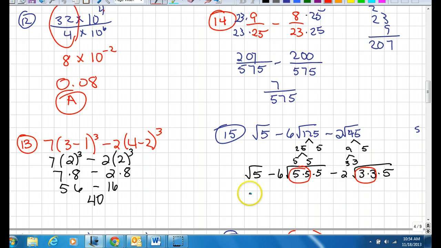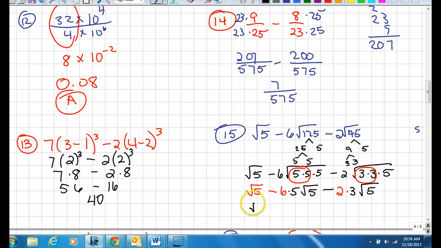Okay? So this will be square root of 5 minus, and when I bring that out, I'm going to leave that 6 there, but I'm going to multiply that 5 times 6. Leave that 5, the 5 that didn't have a pair, on the inside. Minus 2 times 3 square root of 5.